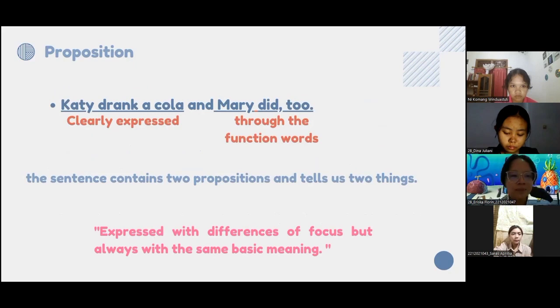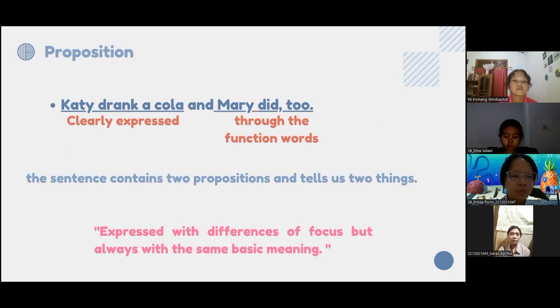I have a sentence that contains two propositions and tells us two things. The sentence is: Katie drank a cola and Mary did too. This sentence contains two propositions: Katie drank a cola, and also Mary did. Why does it contain two propositions?